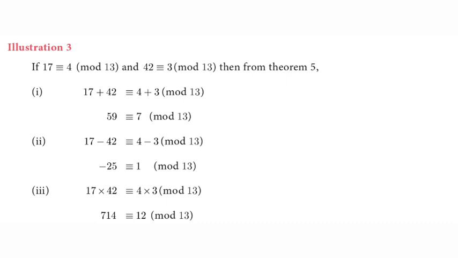Second one subtraction, 17 minus 42 congruent 4 minus 3 mod 13, minus 25 congruent 1 mod 13. Third one multiplication modulo: 17 into 42 congruent 4 into 3 mod 13. 17 into 42 is 714 congruent 12 mod 13.